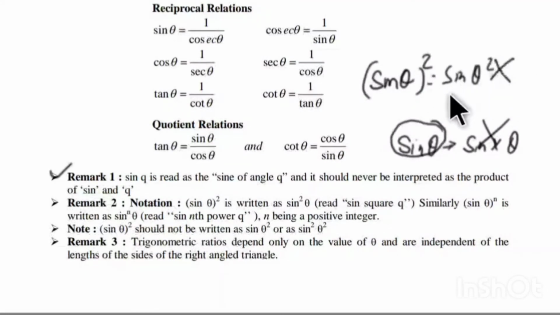That is wrong. Or you can't write it as sin square theta square. That is also wrong. The correct way of writing this is sin square theta. Then remark number 3 is that trigonometric ratios depend only on the value of theta and are independent of the length of the sides of the right angle triangle.